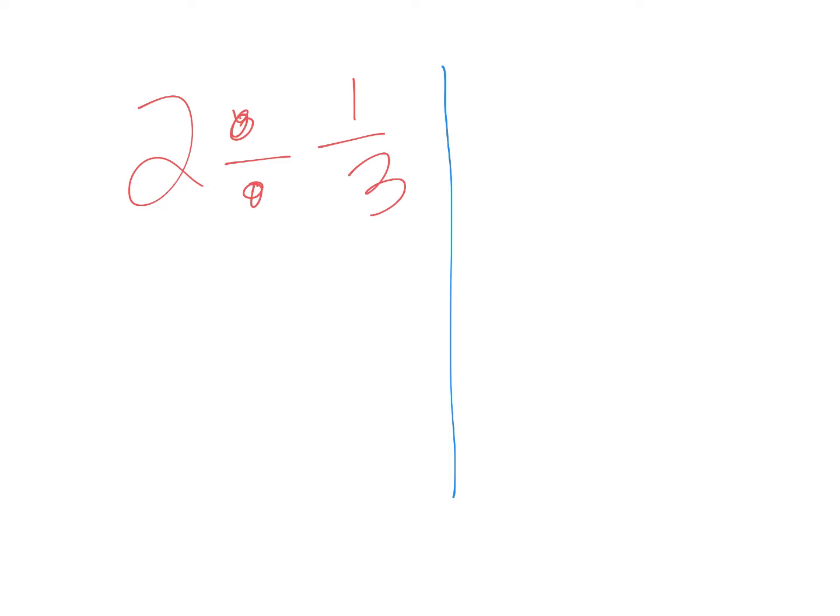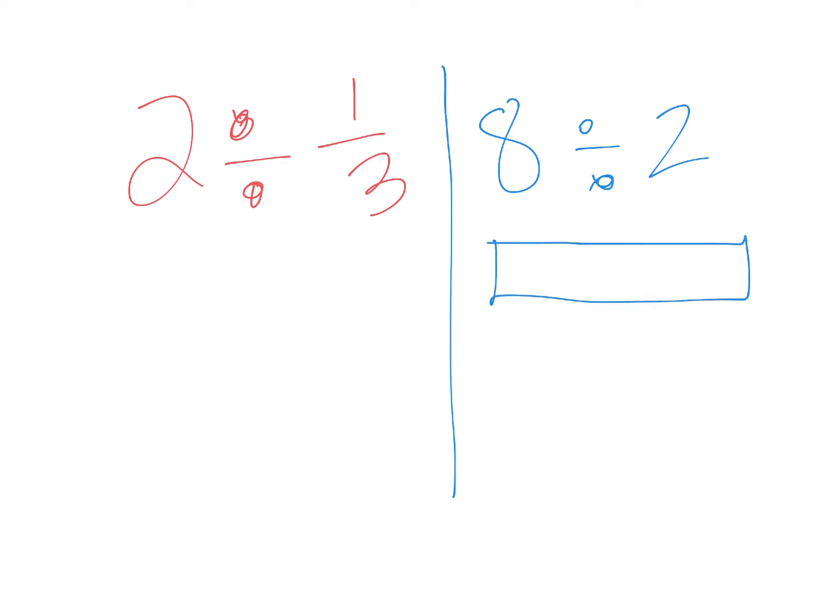division of whole numbers. So let's say you had this easy problem, 8 divided by 2. You know your math facts. But what that's saying is how many 2's are in 8. So let's say that this whole rectangle equals the number 8.